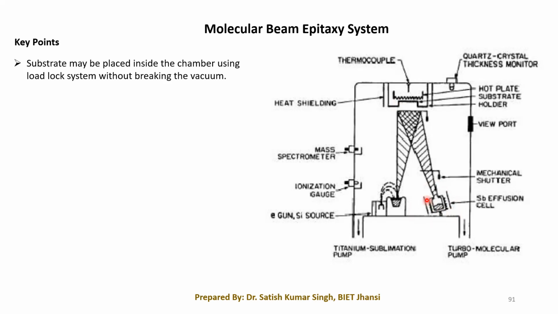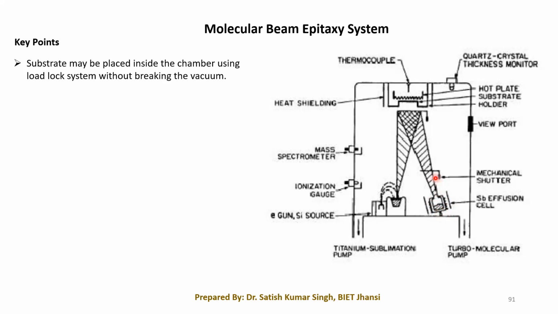So within this effusion cell we place our desired dopant. And within this effusion cell there should be a certain heating mechanism. It may be RF heating, thermal heating, or radiant heating, whatever is preferred, and it may vary from system to system. That will heat this dopant material such that it gets evaporated.